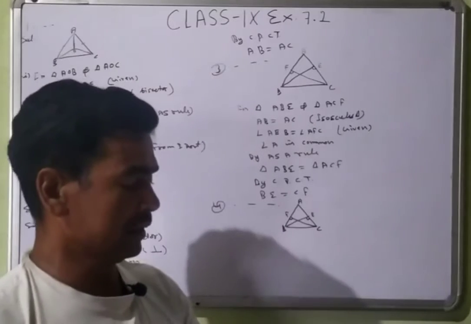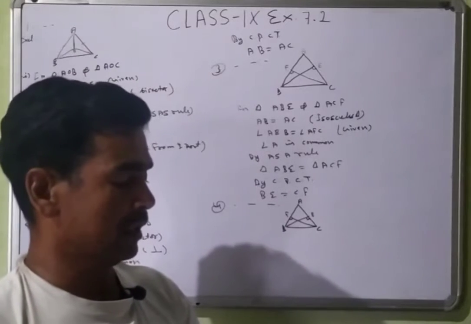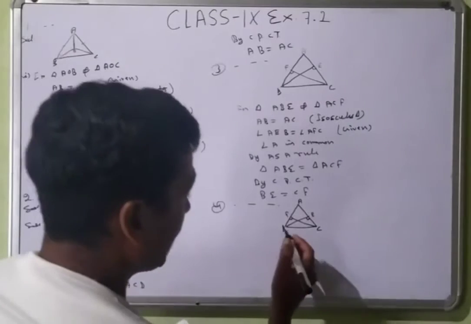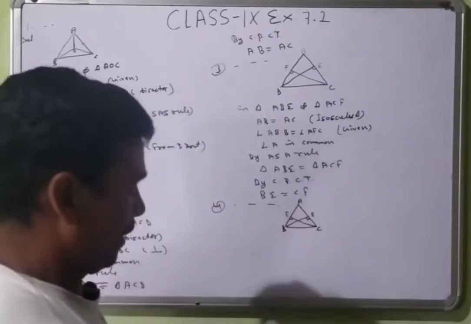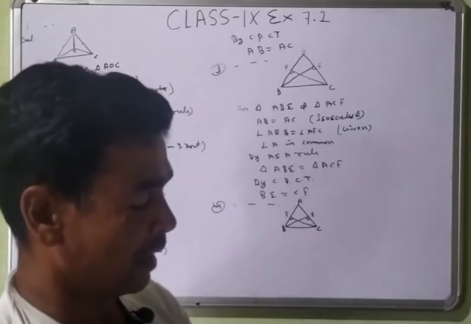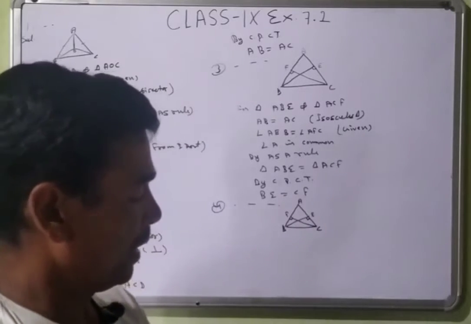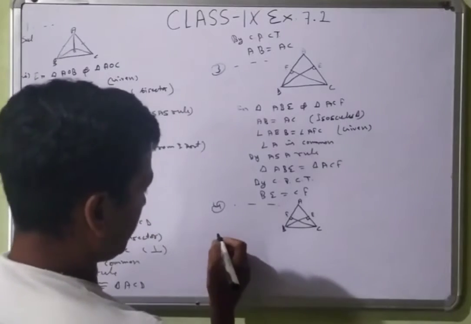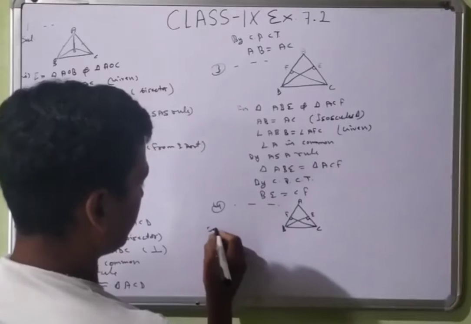ABC is a triangle in which altitudes BE and CF, two sides AC and AB are equal. It means BE is equal to CF is given equal. Okay, so that ABE is congruent to ACF. First part solution.